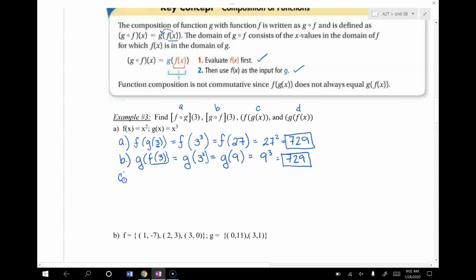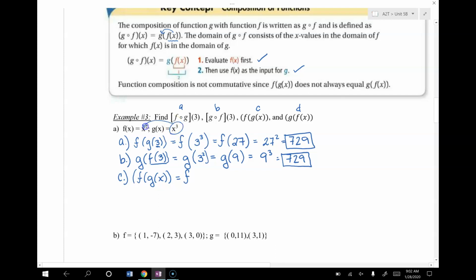Okay, C and D, there isn't anything to evaluate. So f of g of x, I'm still going to work from the inside out. I'm going to take g of x, and substitute it in for every x value in f. g of x is x cubed.